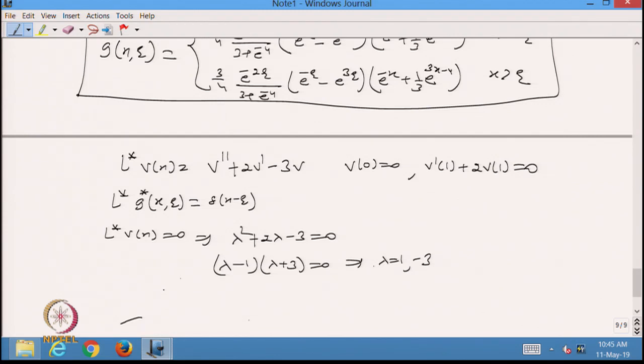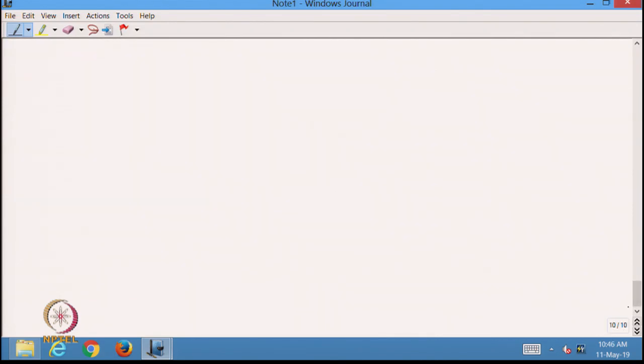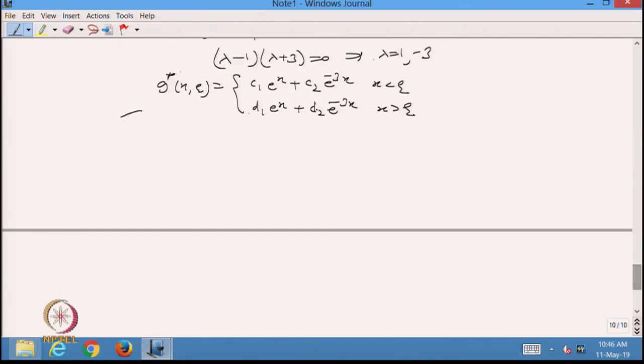So, my green function in this case will be C1 e raised to power x plus C2 e raised to power minus 3x when x is less than xi, and d1 e to the x plus d2 e to the minus 3x when x is greater than xi. Then I can find the constants here.